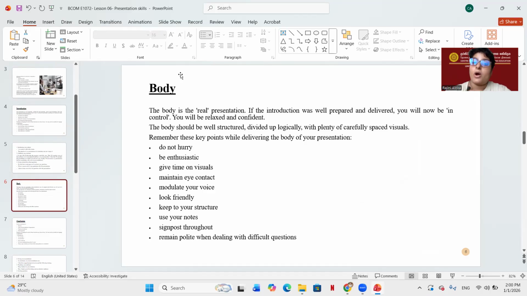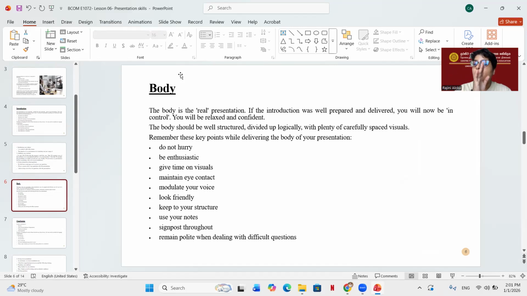Modulate your voice. If you have the same voice, da da da da da, and the presentation is 10 minutes and you go in the same tone, it's going to bore the audience. People are going to feel bored and it's hard to focus if the voice is at the same level. So modulation is important.